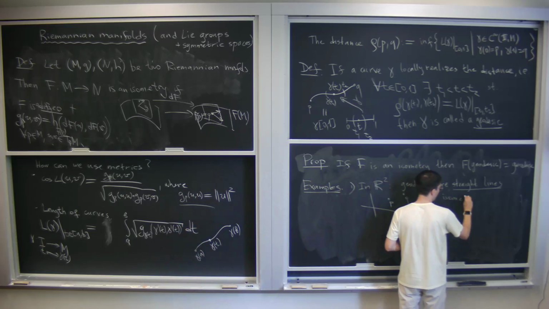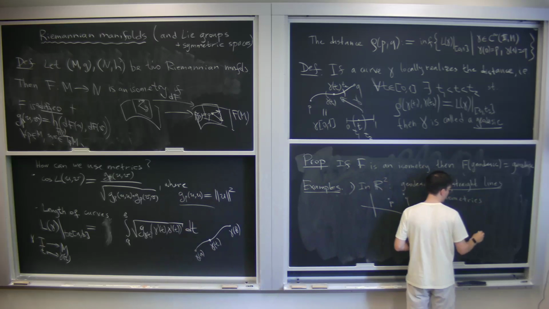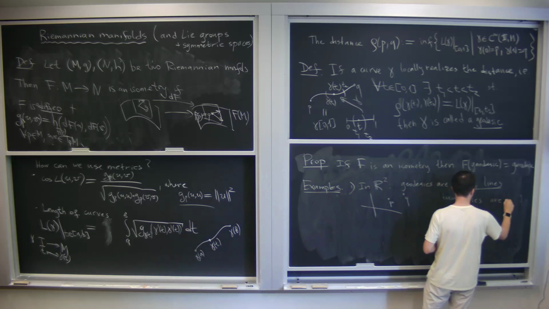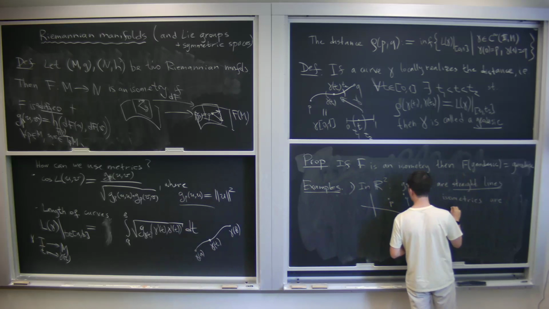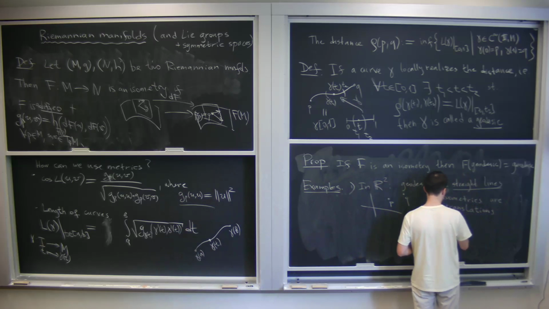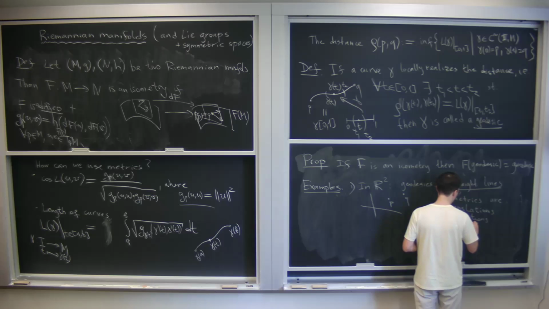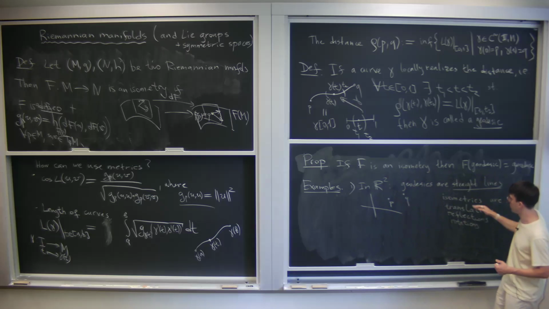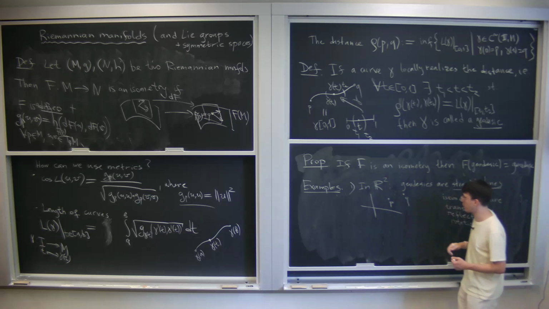So isometries are the following classes of elements: translations, reflections, rotations. And actually you can generate any isometry by some amount of reflections, or you can use translations plus reflections.